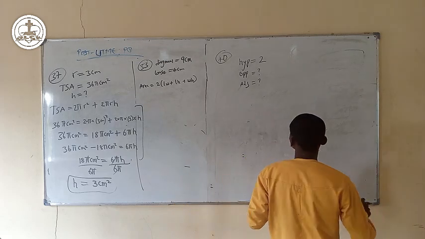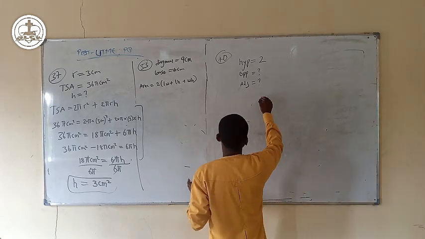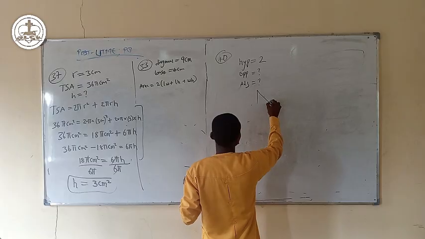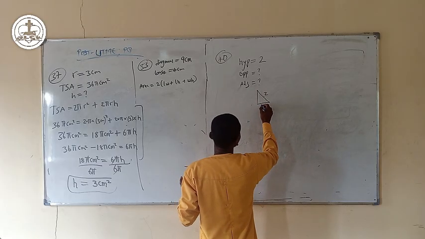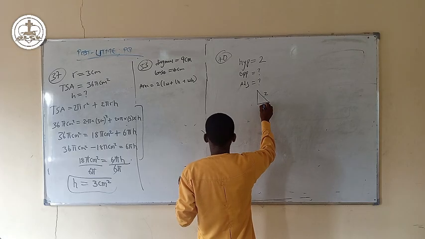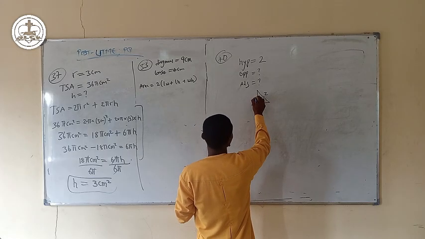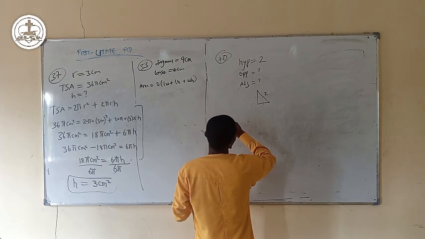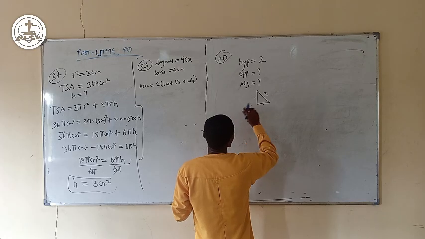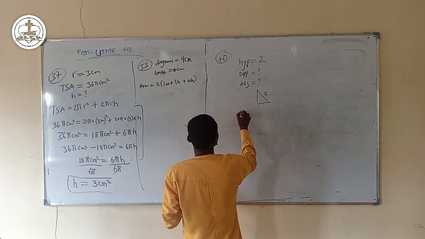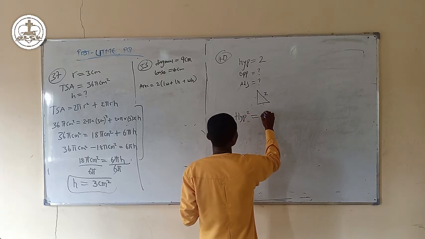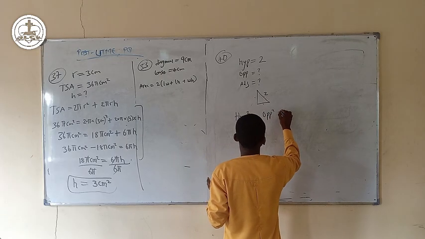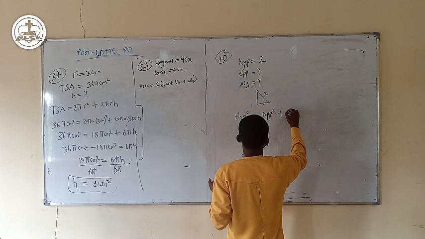Since it is an isosceles triangle, each of the other sides, something like this, and this is 2, this side is the same as this. So it's going to be opposite squared plus adjacent squared.